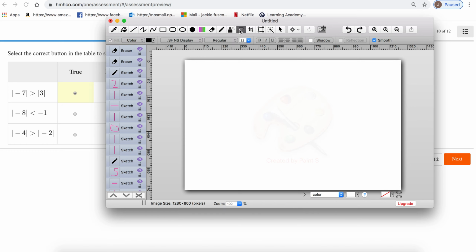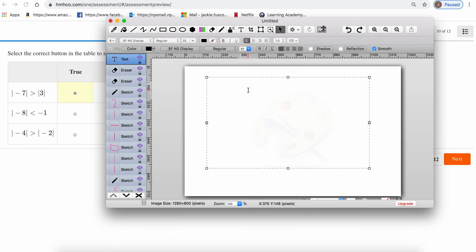Right now I have the absolute value of -7, and then I have that it's greater than the absolute value of 3. So now if you look, let's see if I can make this bigger. Okay, so the absolute value of -7 is just 7. And then the absolute value of 3 is 3. So is 7 greater than 3? Yes, that is true.